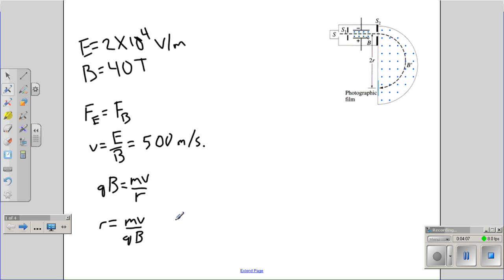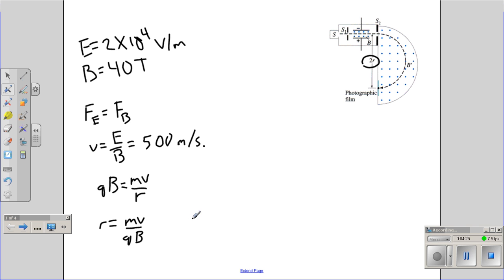Once you punch that in, we're going to want to double the radius, because we are getting diameter, wanting to find out where exactly it lands, how far away that is from the place where it shoots out.